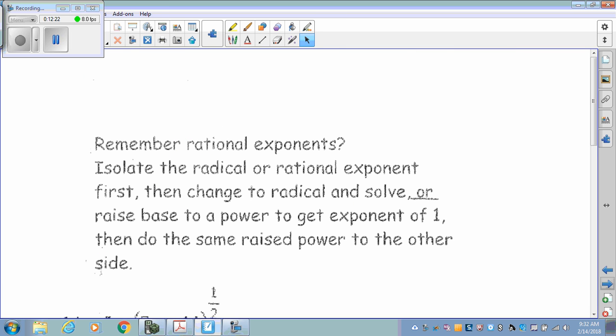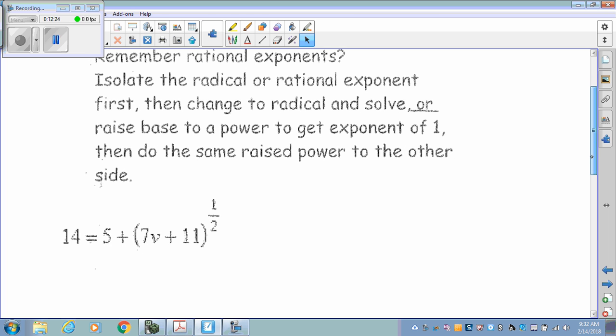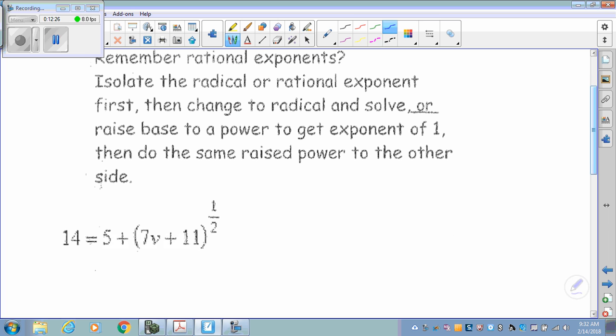So remember we said that if you have a radical, you can convert it to a rational exponent. Okay? A radical can be written as a rational exponent always. Okay, and so the procedure for solving that equation is the same. Some people like to convert that rational expression to a radical and then solve it like we were doing.